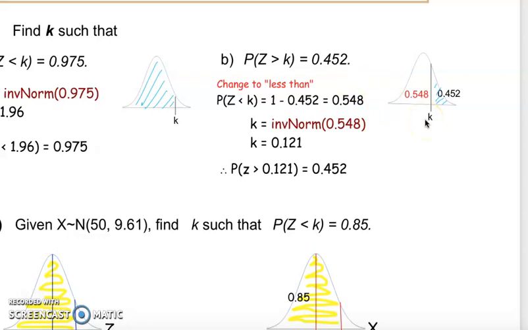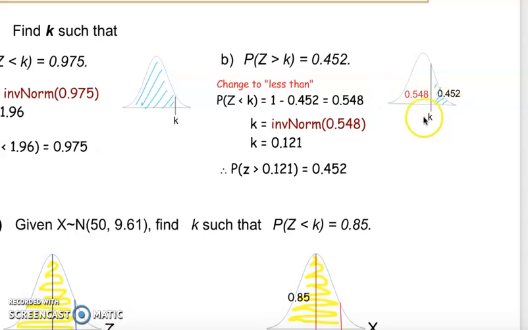The traditional calculator doesn't allow you to calculate anything greater than, remember from the binomial, same idea. We can only calculate anything to the left of the k value. So we need to tweak it slightly: what's the equivalent probability? It will be 1 minus 0.452, which gives us 0.548.